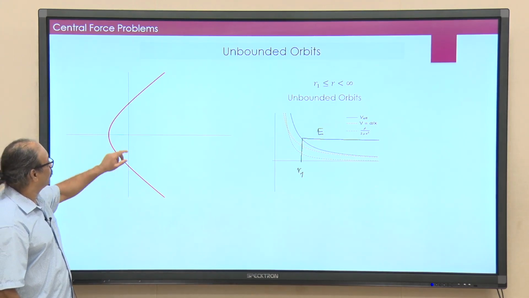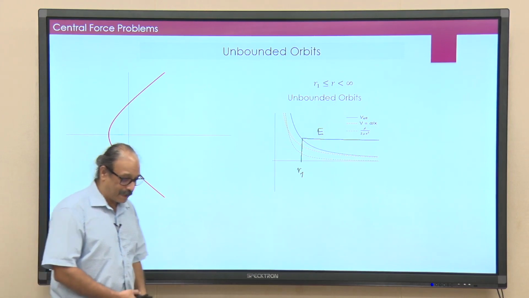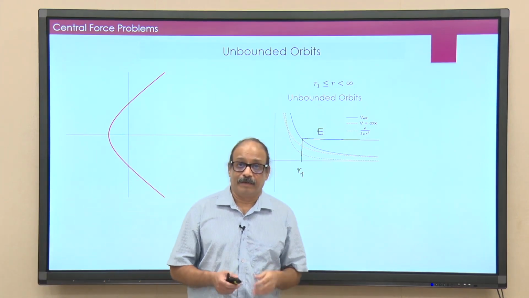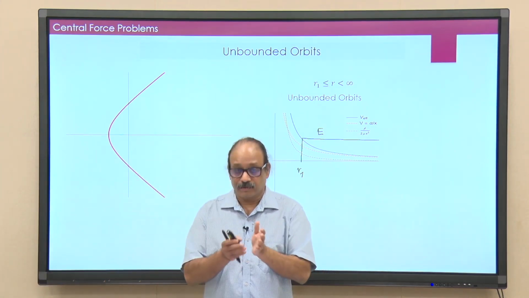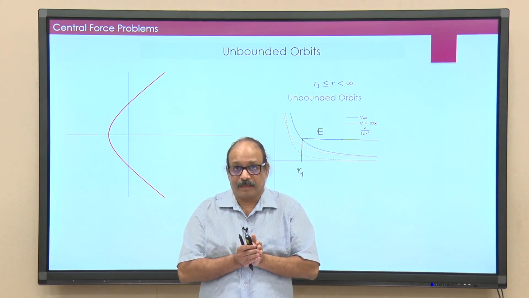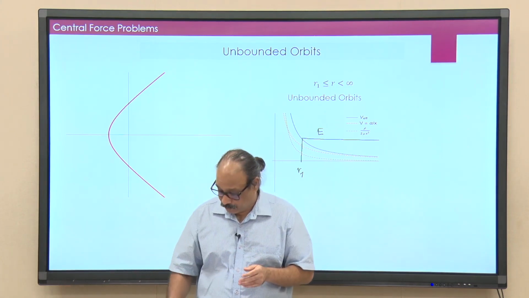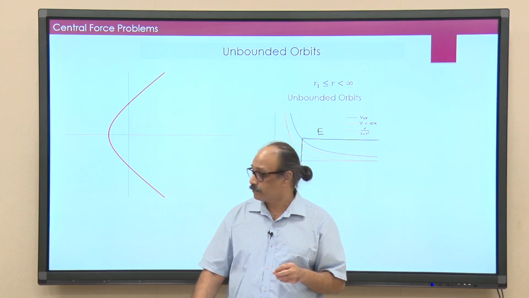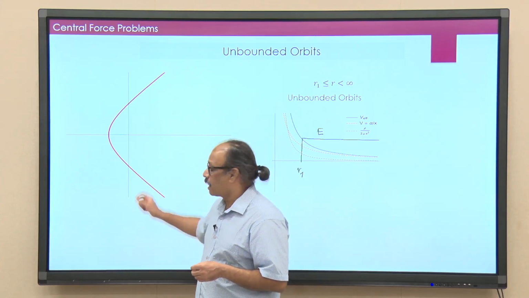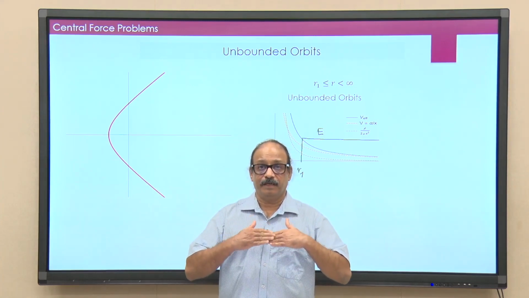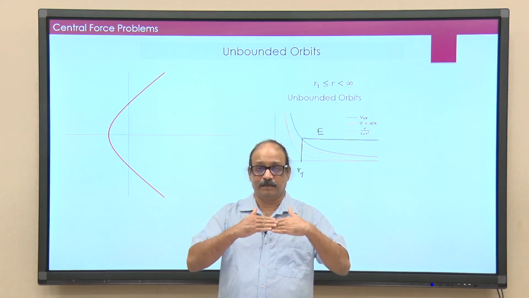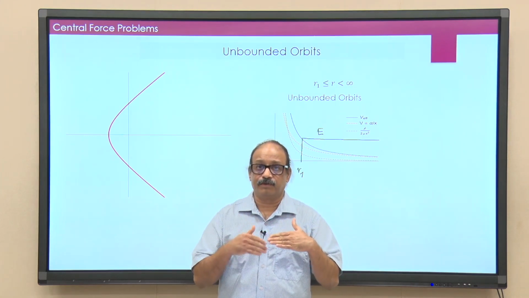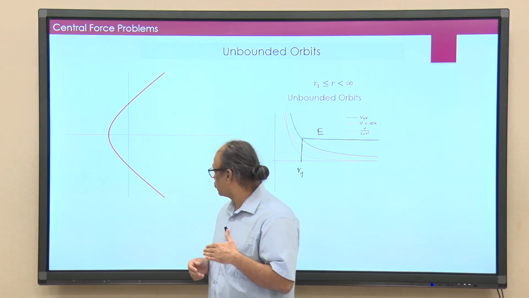How much theta variation happens depends on the nature of the force. For a Kepler system, for example, a 1 over r squared force law, the orbit is actually a hyperbola if E is greater than 0. This is a result we will show in our next lecture.